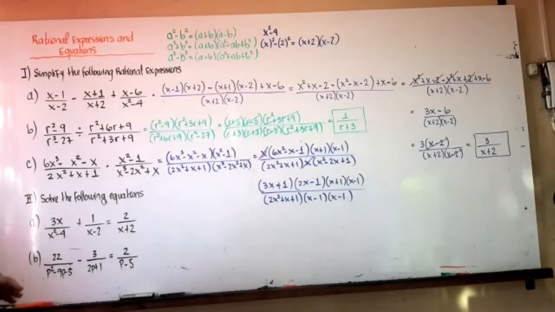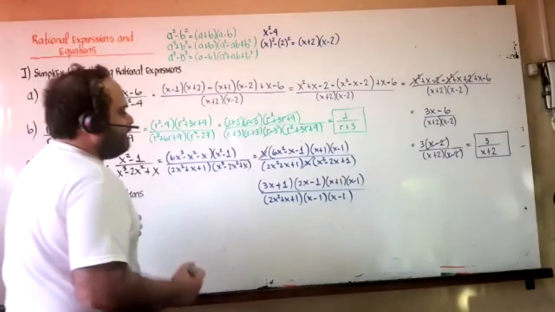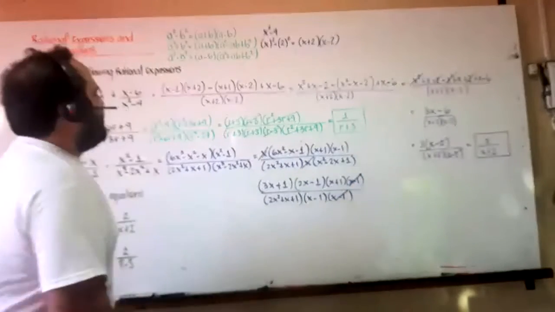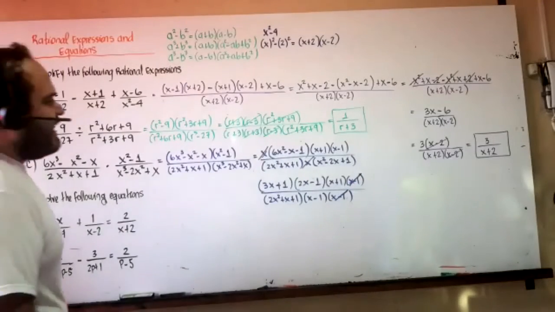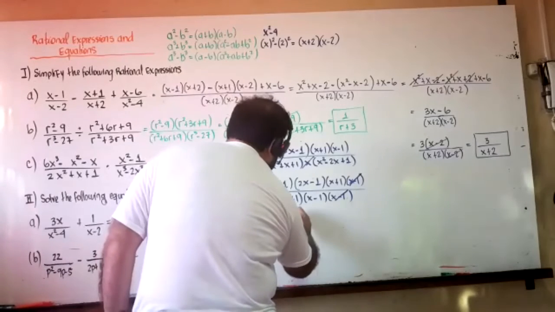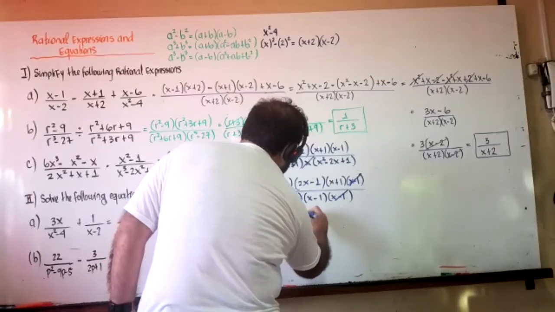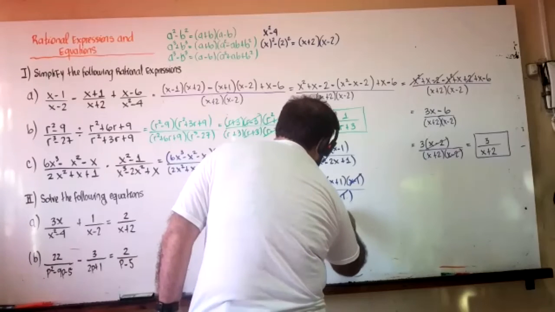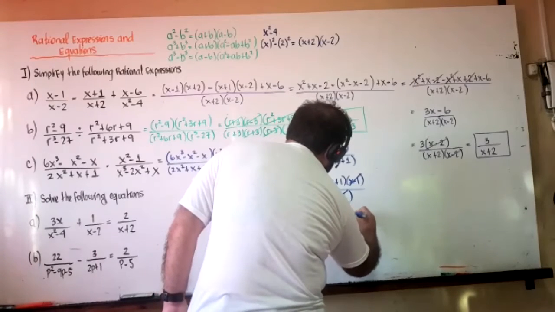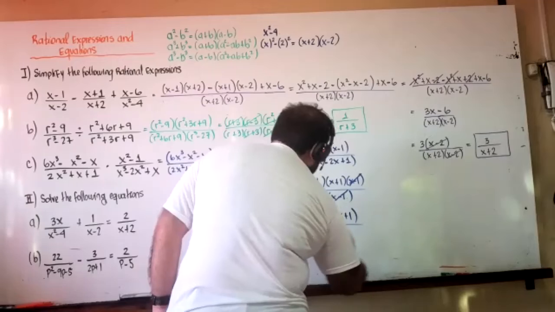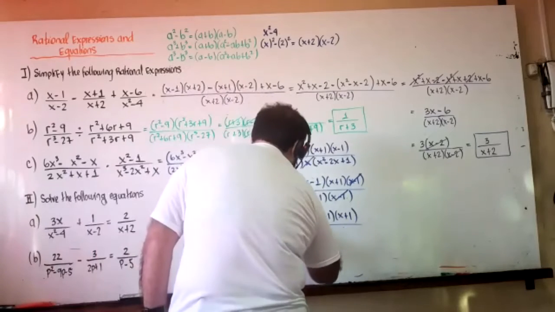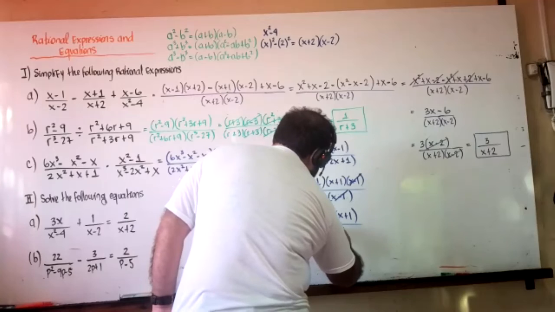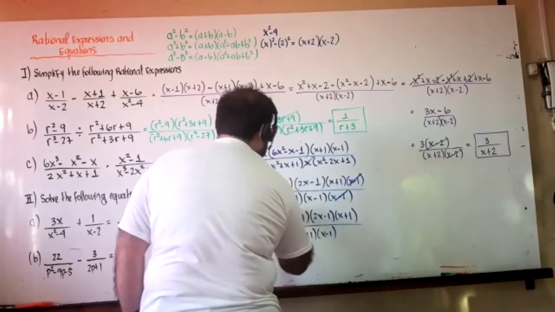Let's see if we can factorize something else. And yep, we can reduce this x minus 1 with this x minus 1, and the result will be given by 3x plus 1, parentheses, 2x minus 1, x plus 1, over this trinomial, because there's no possibility we can factorize this one, and x minus 1.